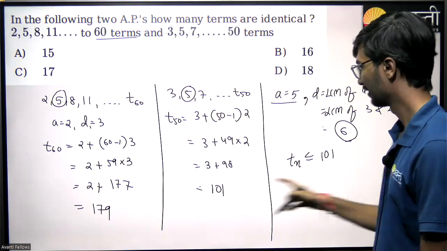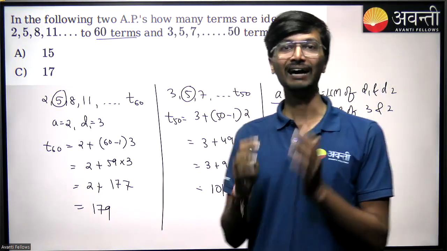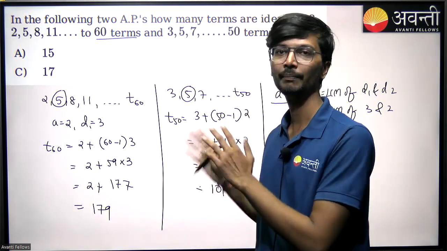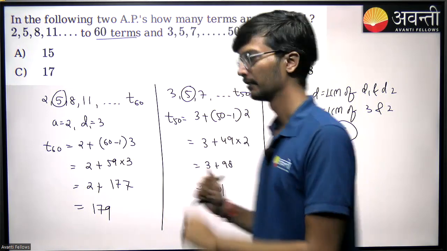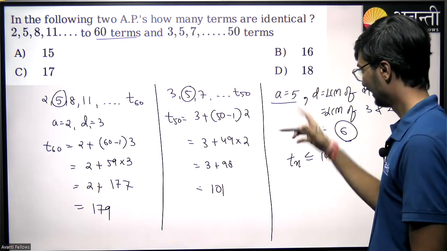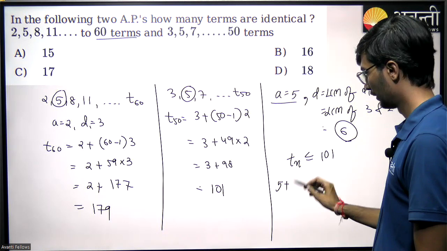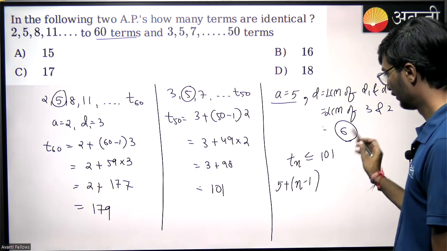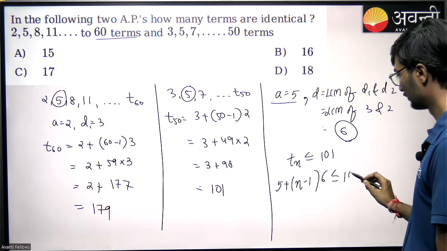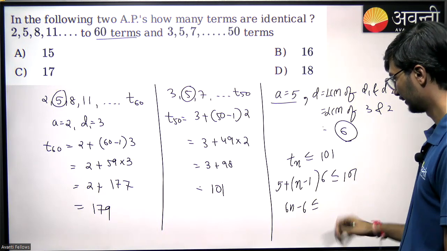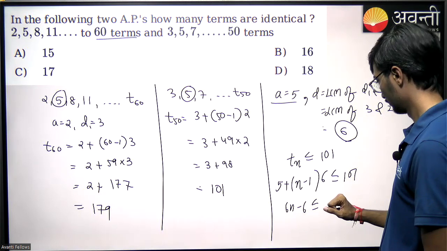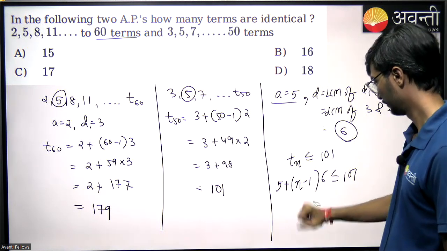I hope you are getting why 101. Because after 101, this series gets completed. And if this series is completed, there will be no common terms left. So Tn is A plus n minus 1 into D, less than or equal to 101. So 6n minus 6 less than or equal to, I think we can simplify the calculation, right?